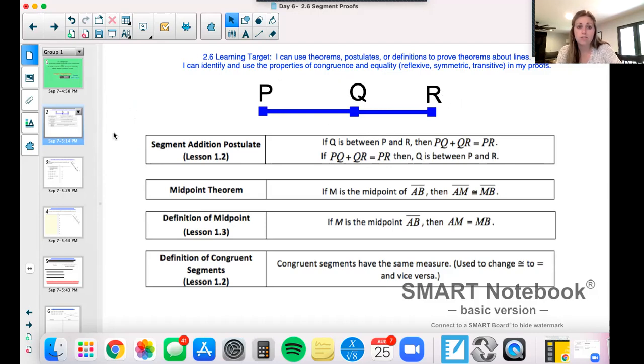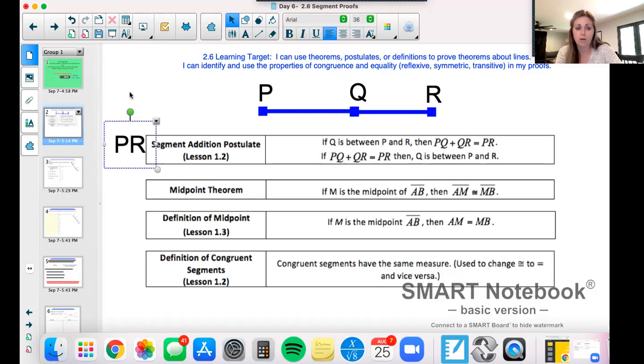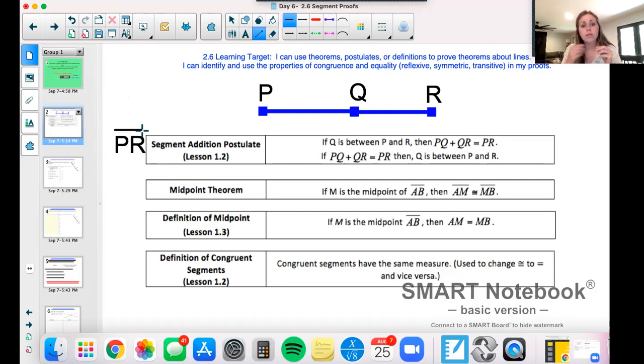Remember that that is written as PR with an actual segment drawn over the top. So if point Q is between P and R on the segment, then what does that mean?